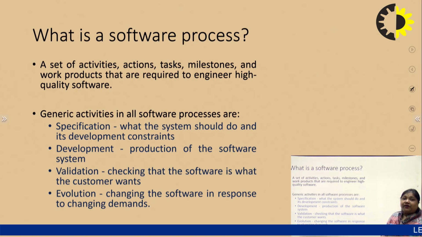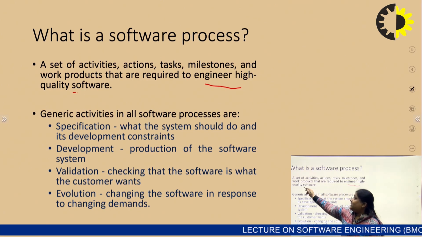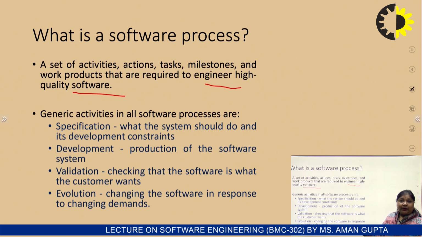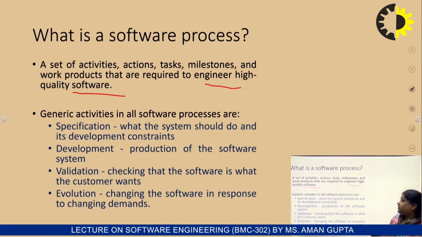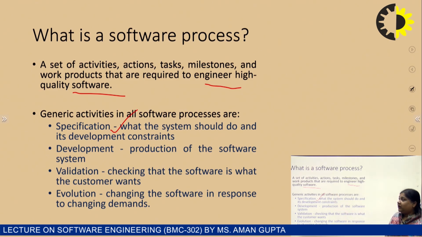So what is a software process? It is a set of activities, actions, tasks and work products that are required to engineer high quality software. These are some generic activities which are important for all software processes. First of all, specification: what the system should do and what constraints come when a software is developed.